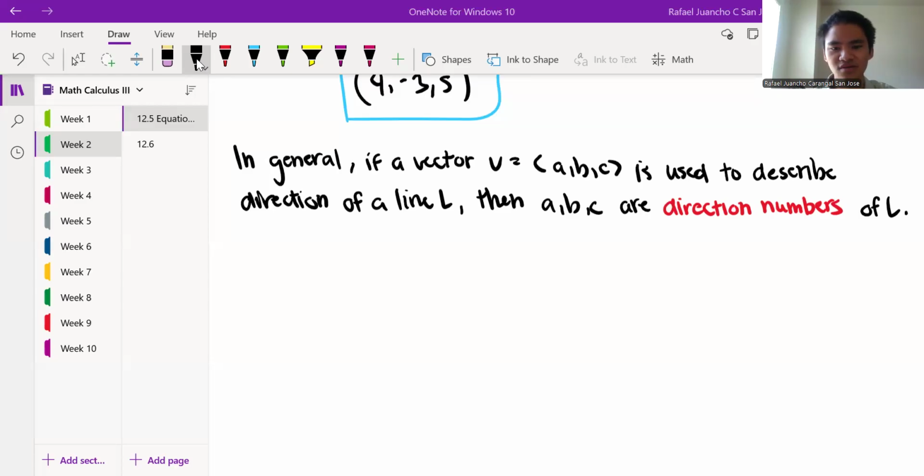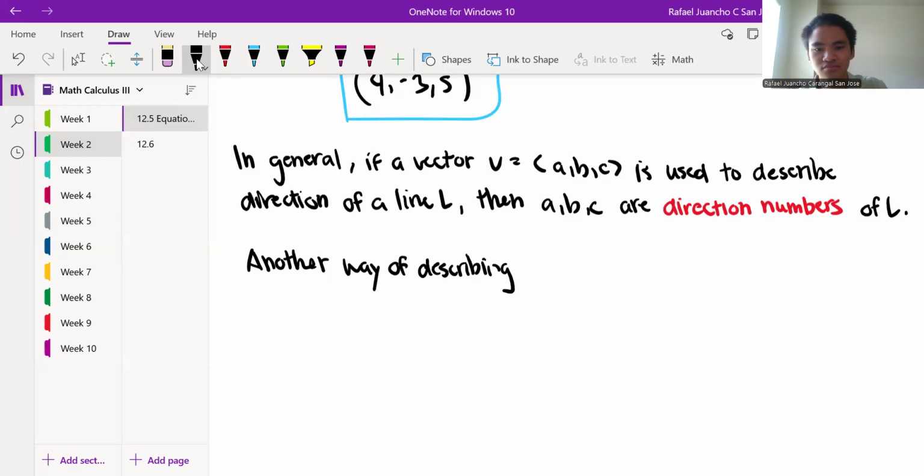If none of a, b, or c is 0, we can solve each for t. So if we have a different parallel vector, but it's proportional, then they could also be used as a set of direction numbers for L. And another way of describing line L is to eliminate parameter t.